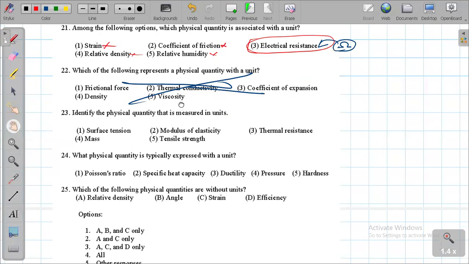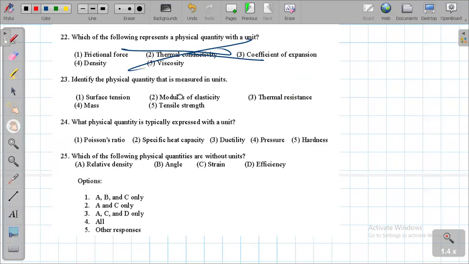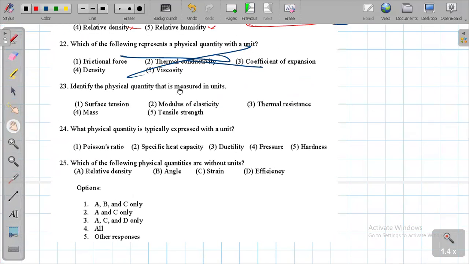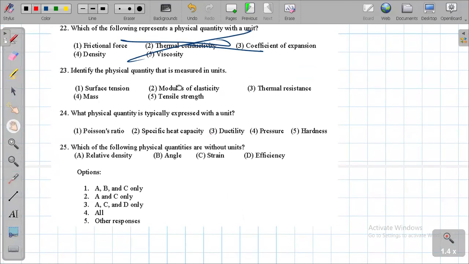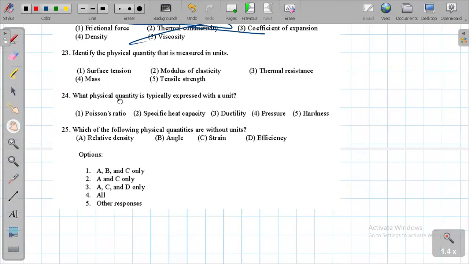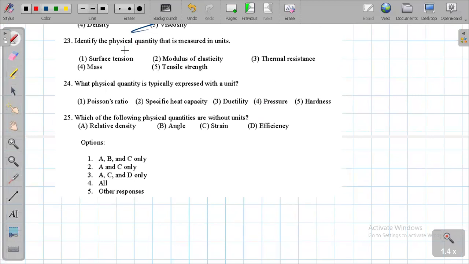Why didn't I notice that? All the answers have units. Frictional force is a force, thermal conductivity is W m minus 1 K minus 1, expansion is per Celsius, per Kelvin, this one is kg m minus 3. Everything is with units.